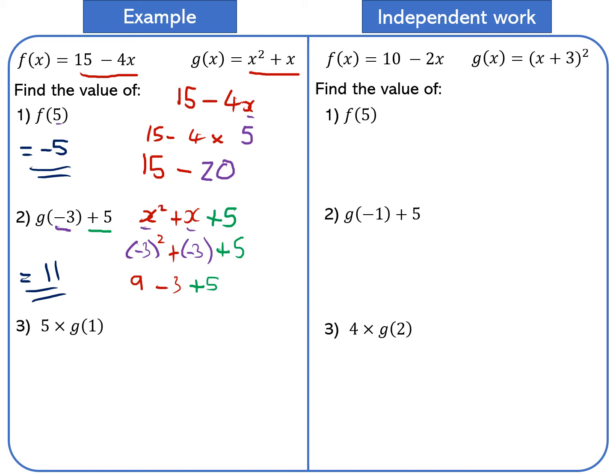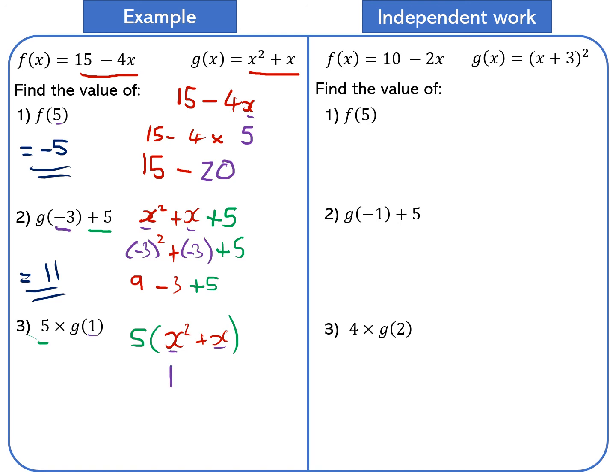Okay, last question, I've got 5 times g of 1. So let's write out g first of all. So I've got x squared plus x again. And we're going to multiply that by the 5. Now what's important is I multiply all of it by 5, so place that into a bracket. And what we're going to do is replace x with 1.